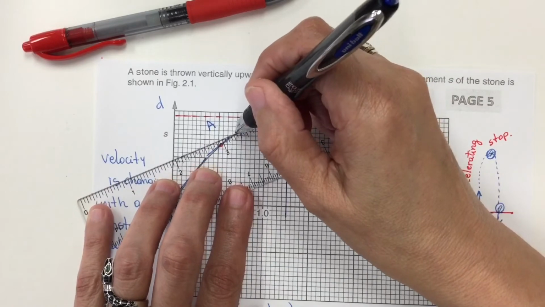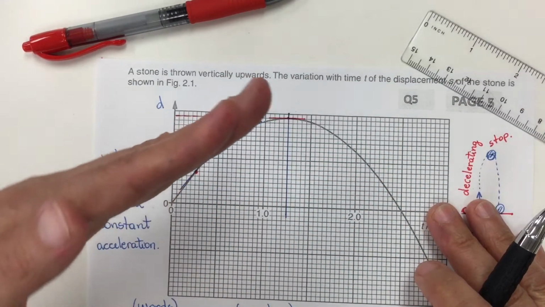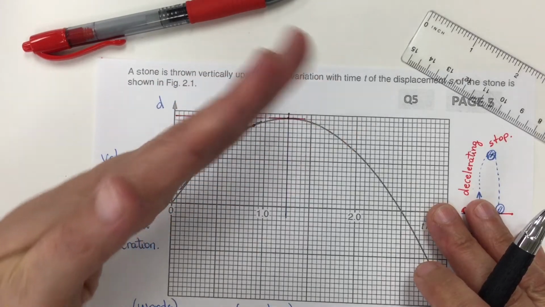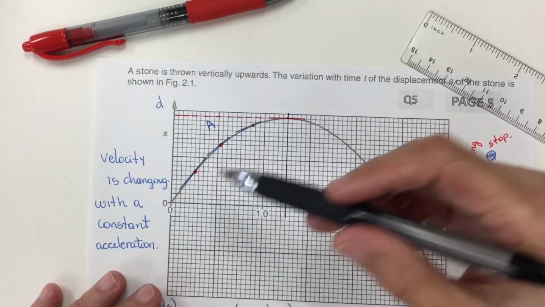As you see, that tangent line is getting flatter, less steep. So that is an indication that it is decelerating.